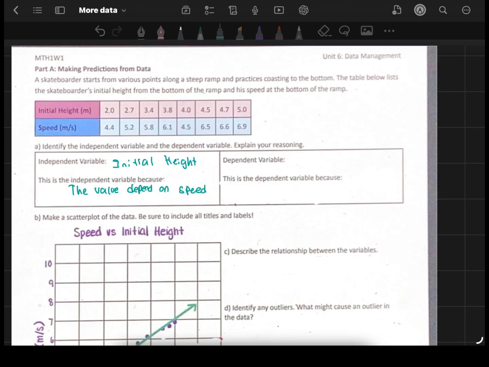Our dependent variable is speed itself, and this is a dependent variable because this value increases or decreases depending on the initial height. The key phrase right here is depending on initial height.